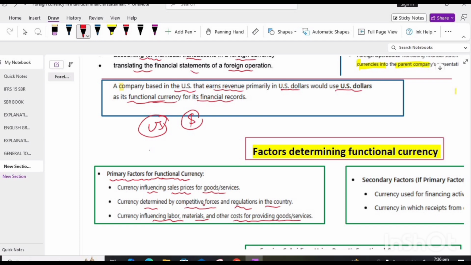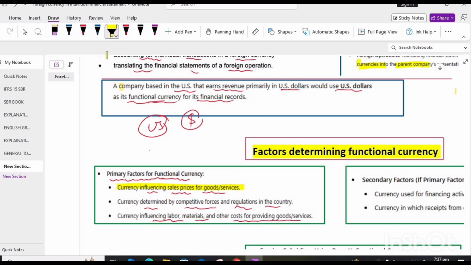What does it mean? The currency that mainly influences the sale price for goods and services is the currency in which the company primarily sets and determines the price of its products or services.